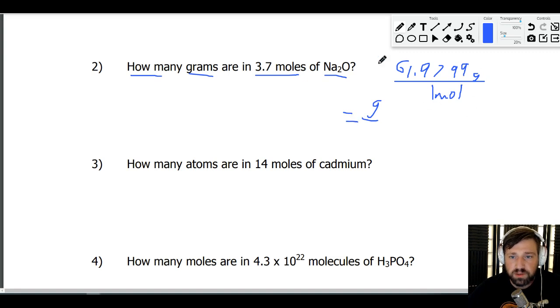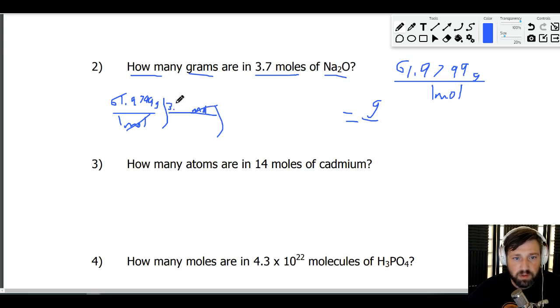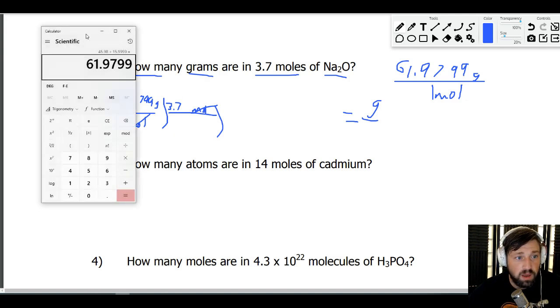Well, which one of these things has grams? The molecular weight here. So it's going to be 61.9799 grams over 1 mole. I need to cancel out the mole, and how I'm going to do that, I'm going to use this measurement here, 3.7. And we've got it set up. We can double check. Our units are canceled. Grams are the only thing that's left. We're all good.